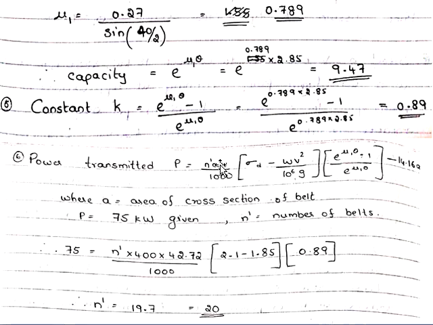A is area of cross section of belt. V is velocity. Sigma d is safe working stress. It is given in the question. This entire term you can get from step number 3, and this is constant k. So when you substitute all the values, you will get N dash as 19.7, but since it is the number of belts required, round it off to the next number.